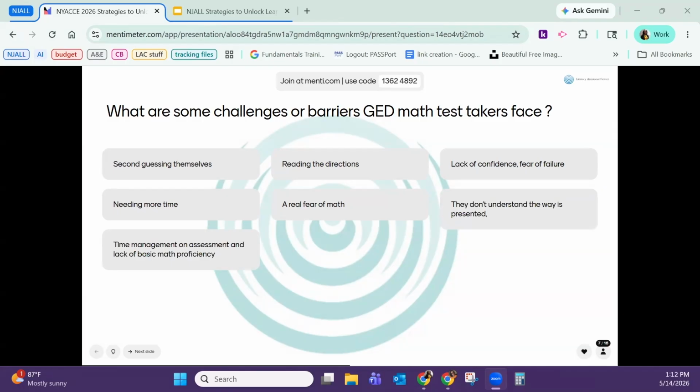I'm noticing some themes here. They don't understand the way it's presented. Okay. Translating words to math, especially maybe for our ELLs, bad habits. Oh, I'm so glad somebody put up the word habit. Anything else?